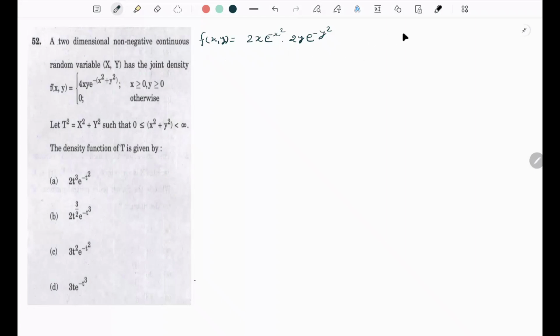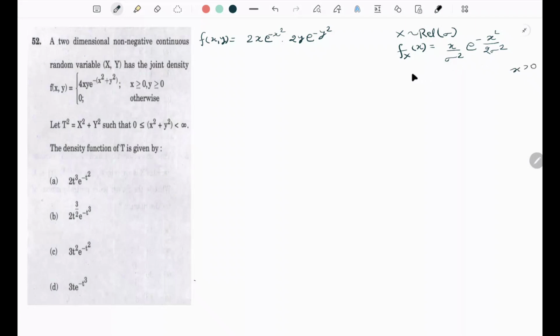Now we know one distribution that is called Rayleigh distribution. If X follows Rayleigh distribution with parameter sigma, then the PDF of X is given by (x/σ²) e^(-x²/(2σ²)), and x is greater than 0 here.